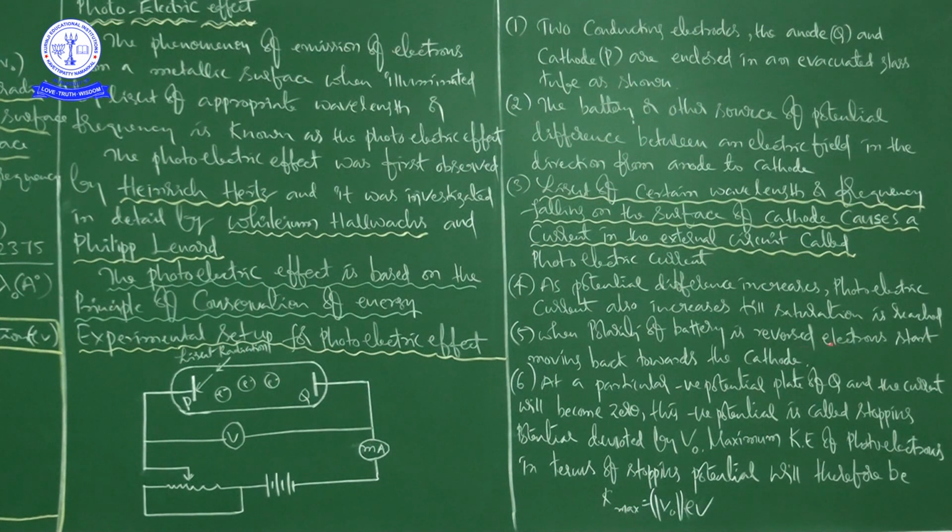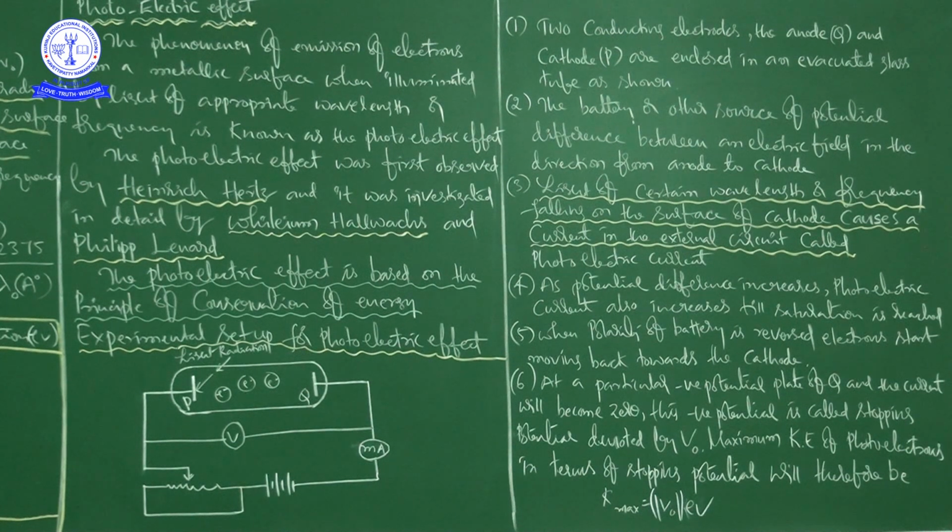Next, fifth point. When polarity of the battery is reversed, electrons start moving back towards the cathode. What does reversing the polarity of the battery mean?